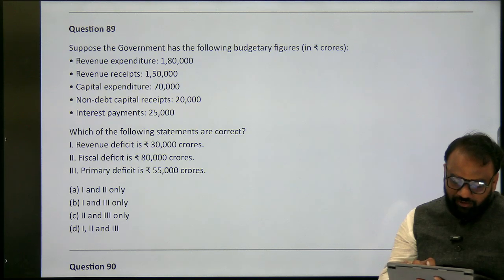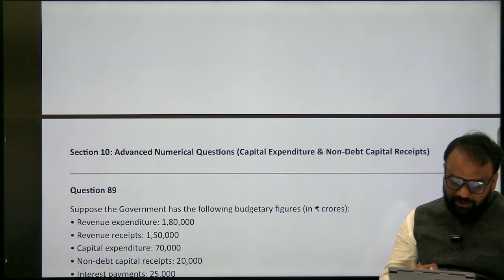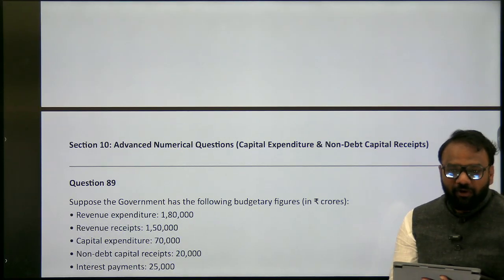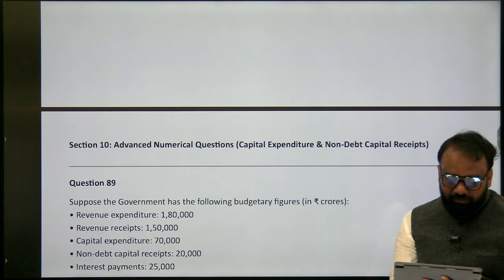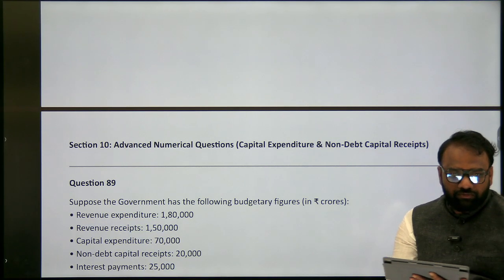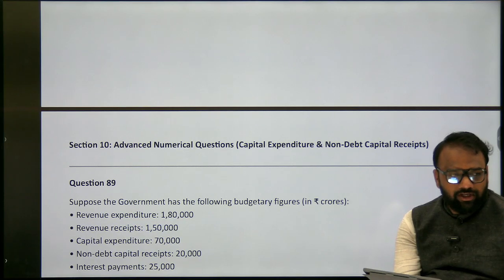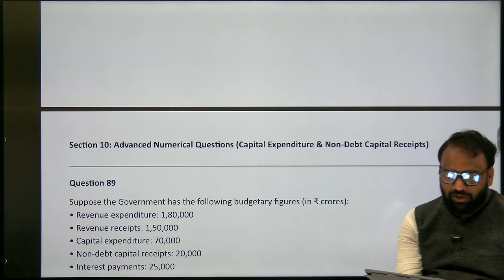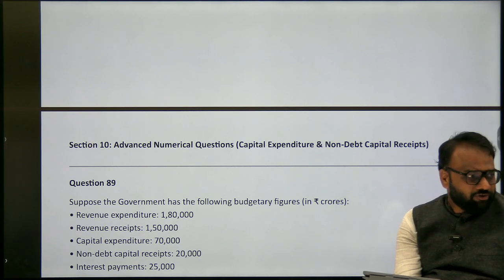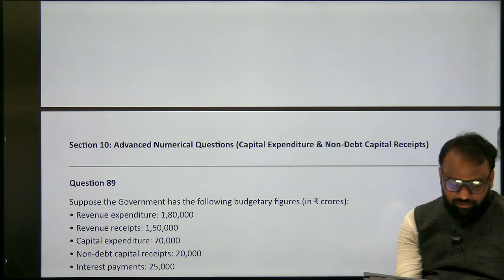Just ignore these values and, based on this, calculate the fiscal deficit yourself. Because if you are able to solve this, it means you have properly understood the concept. Then similar kinds of questions we can answer very confidently.